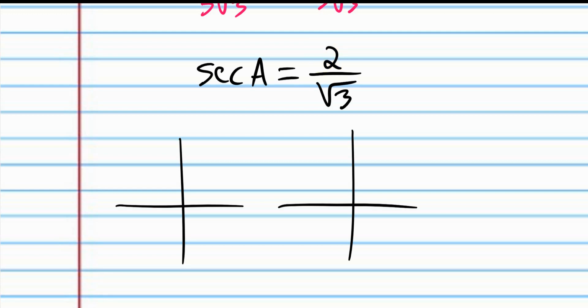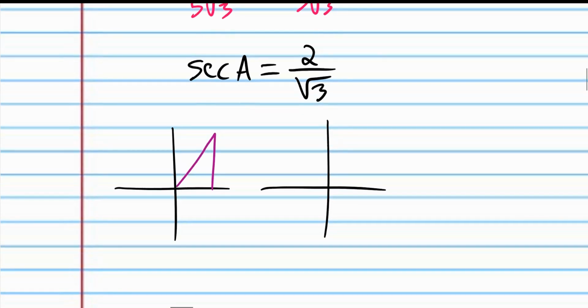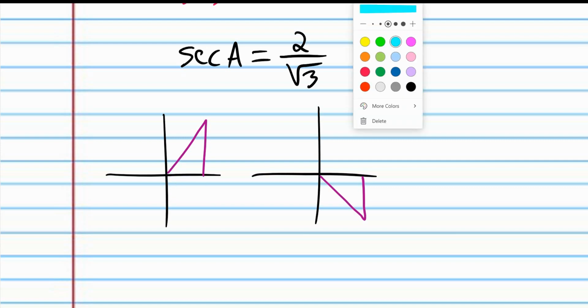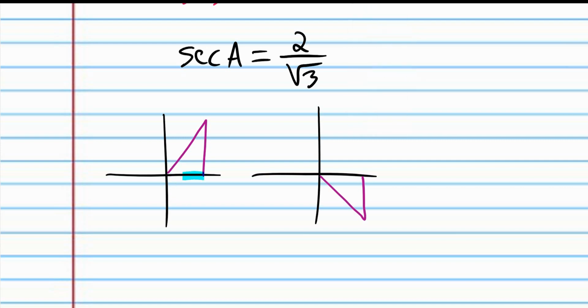So that means that we're in the first quadrant, or we're in the fourth quadrant. Because in these situations, the adjacent side of the triangle is positive. And again, the green hypotenuse is always positive.